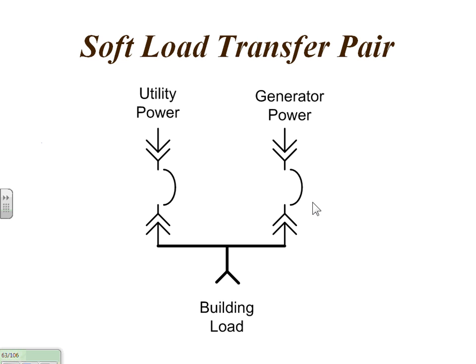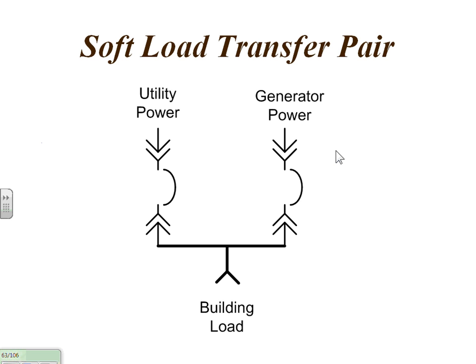Same thing coming back. In the instance where the power failed, the utility was gone, right? The first thing the paralleling gear does is send a signal over here and pop this breaker open. Now that breaker's open, we're running on generator power to the building load. When utility comes back, the controls are going to say, you're not closing. The only one we can control is the generator.